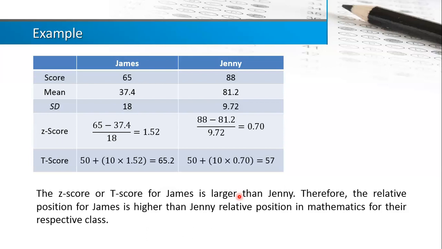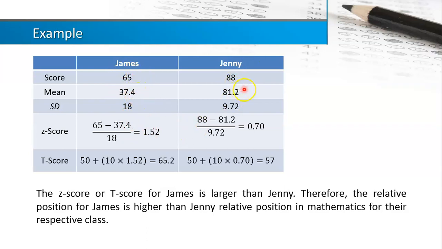Okay, now we can see that at first glance it looked like James performed much poorer than Jenny, but actually both of them are performing well. James' score is 65, which is larger than the mean.